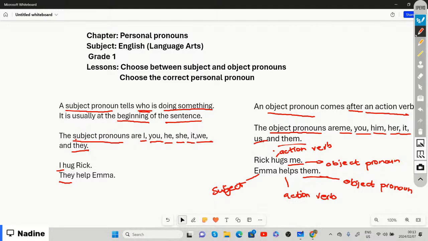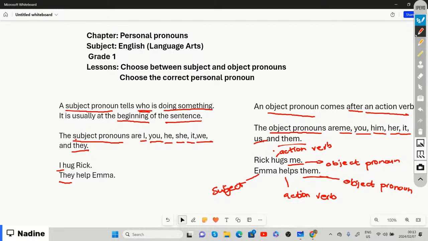So that is basically examples of subject pronouns as well as object pronouns. Once again, subject pronouns tell us who is doing something, and they usually come at the beginning of a sentence. Our subject pronouns are I, you, he, she, it, we, and they. Then we have object pronouns, which come after an action verb.